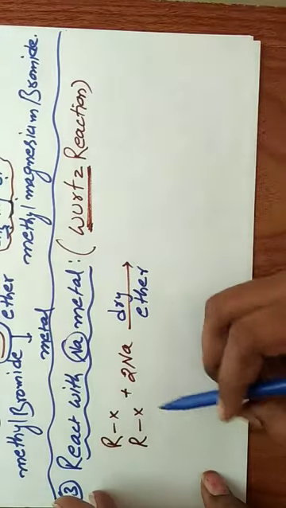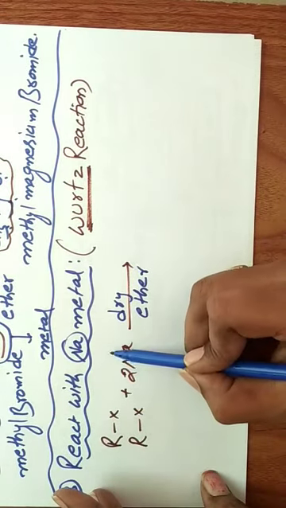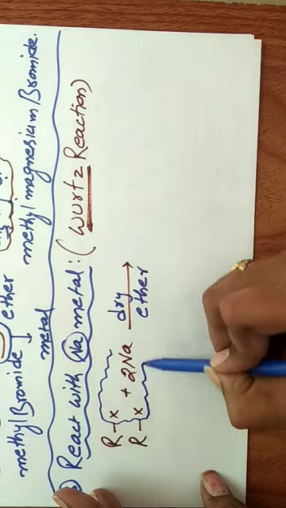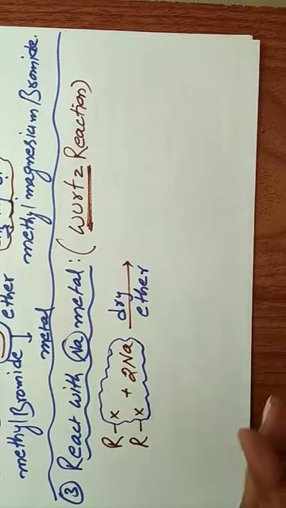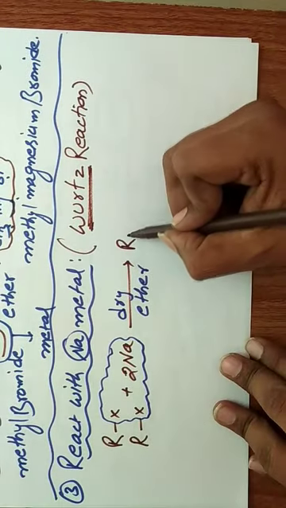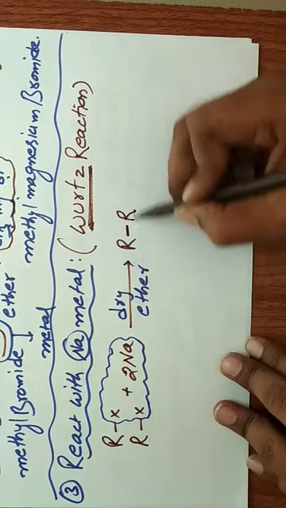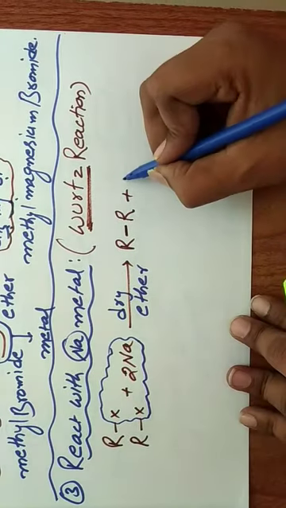In this case, easy to remember, this part will be removed. We get R bond R, an alkyl group directly bonded with another alkyl group, plus 2NaX.